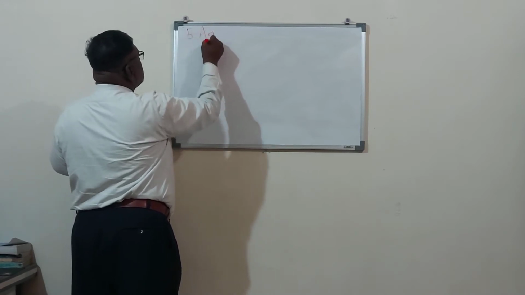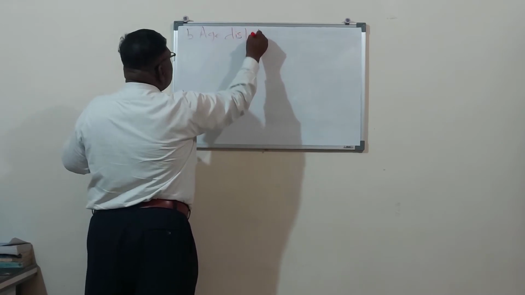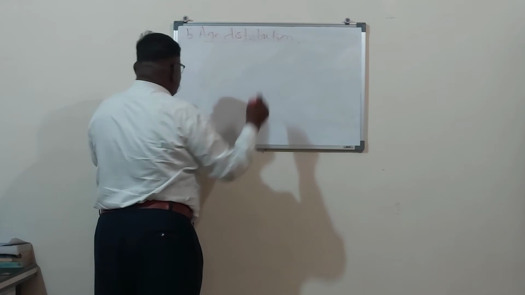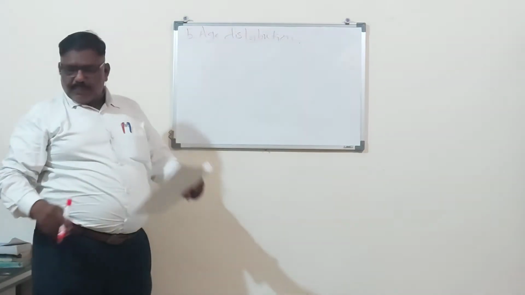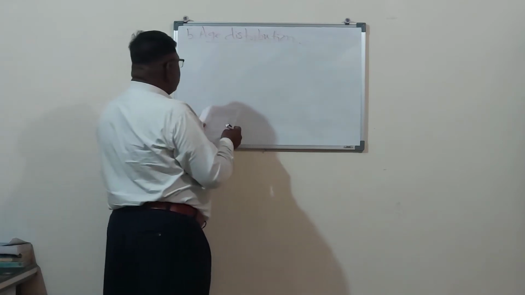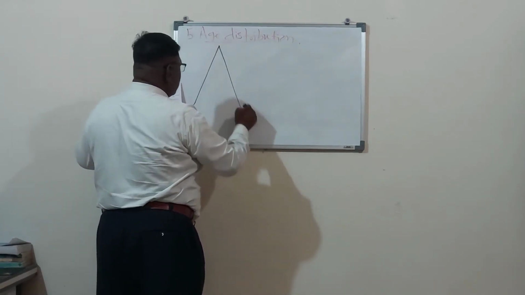Remember age distribution. In the age distribution there are different types of population group. Here we can draw the figure in this way.